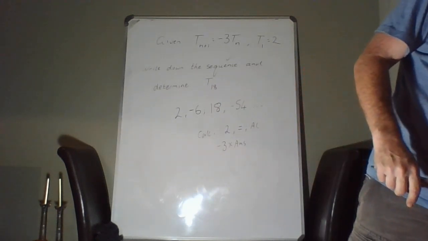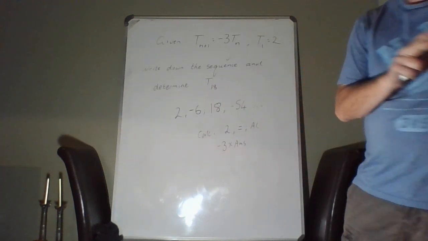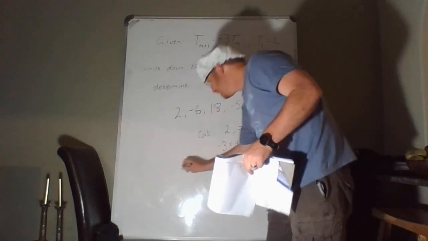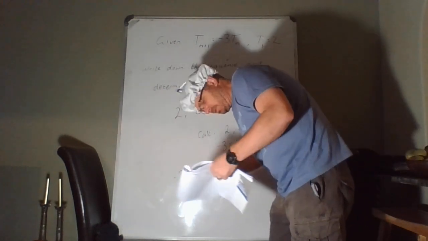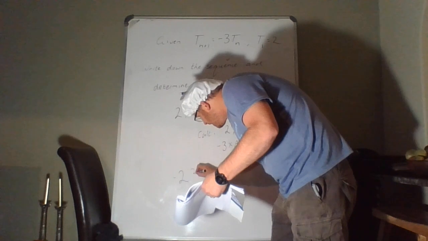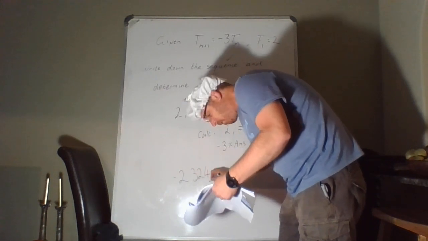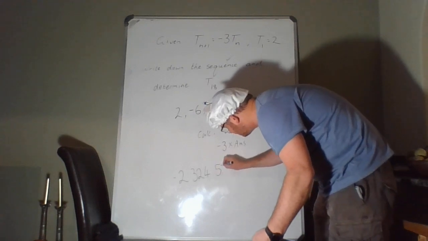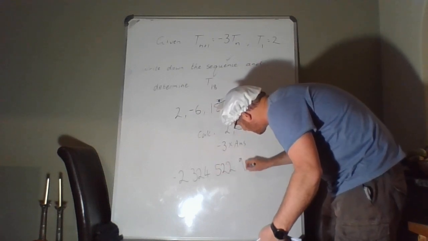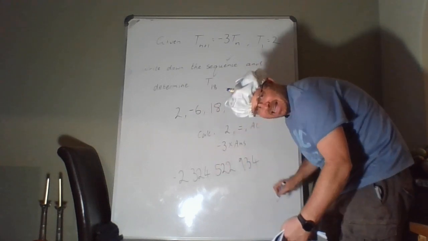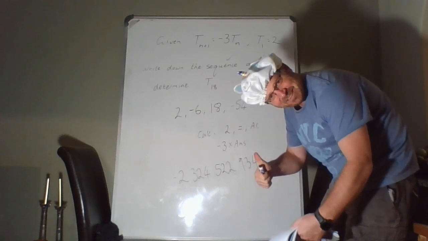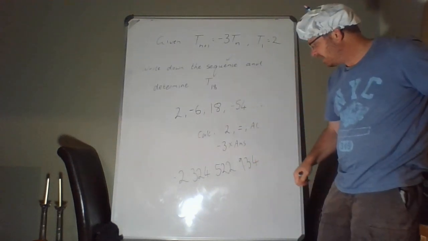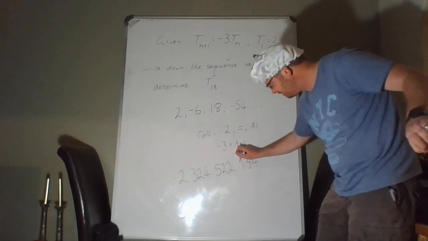And you should get an answer of a monster number, negative 2,324,522,934. If you got it correct, high five yourself. Okay, how would I read that? We'll count backwards in 3s.